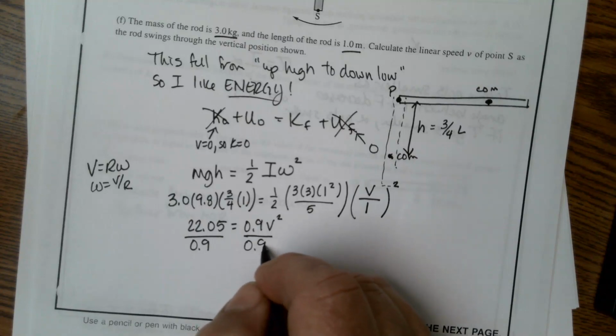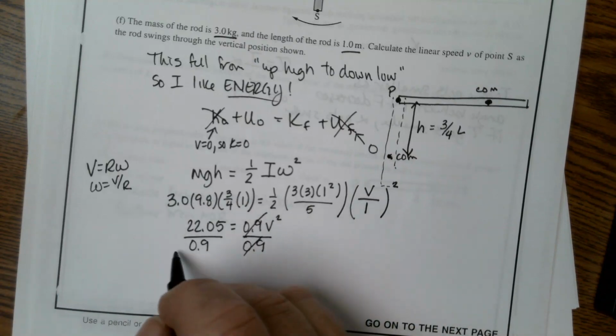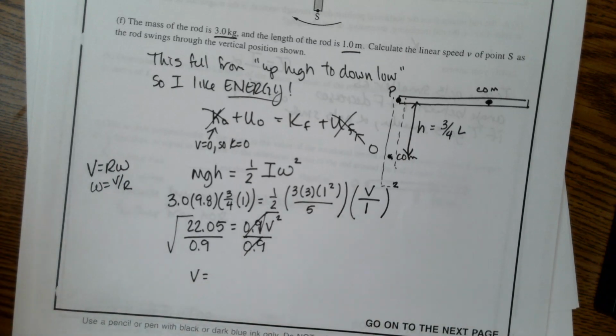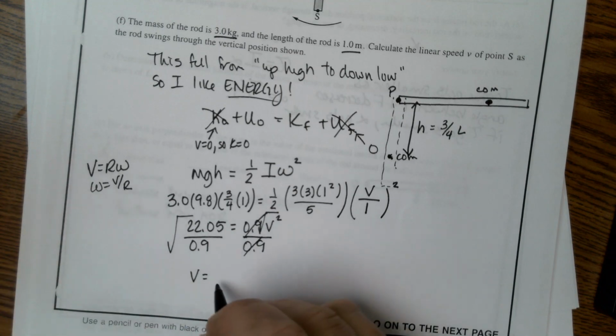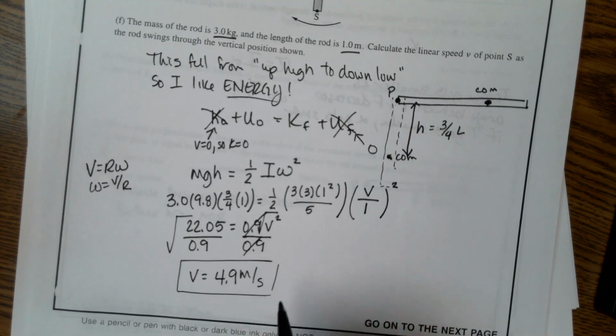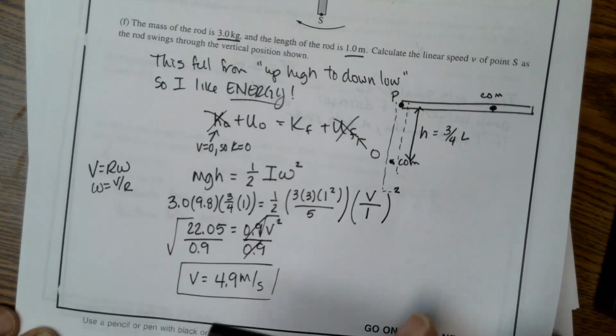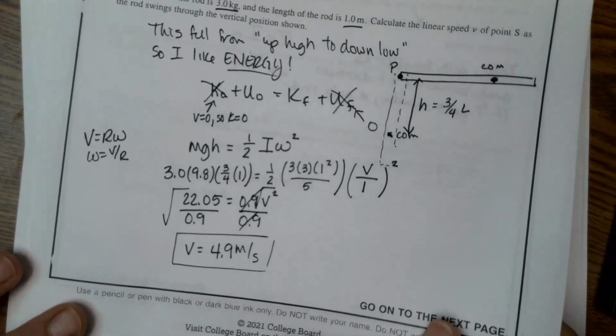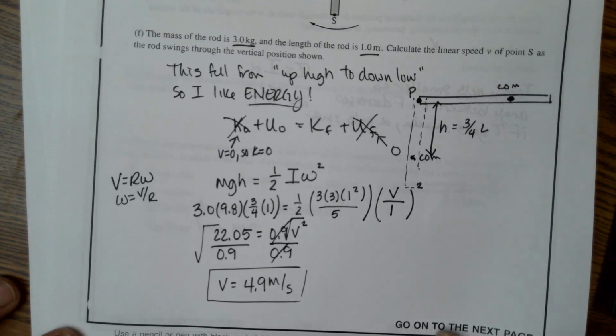I divide by 0.9, and then I take the square root, and I find that my velocity is 4.9 meters per second. And that is 2021 set 1, question 3. I think that was the end of it. Let's look and see. Yep. Okay, so 2021 question 3, set 1.